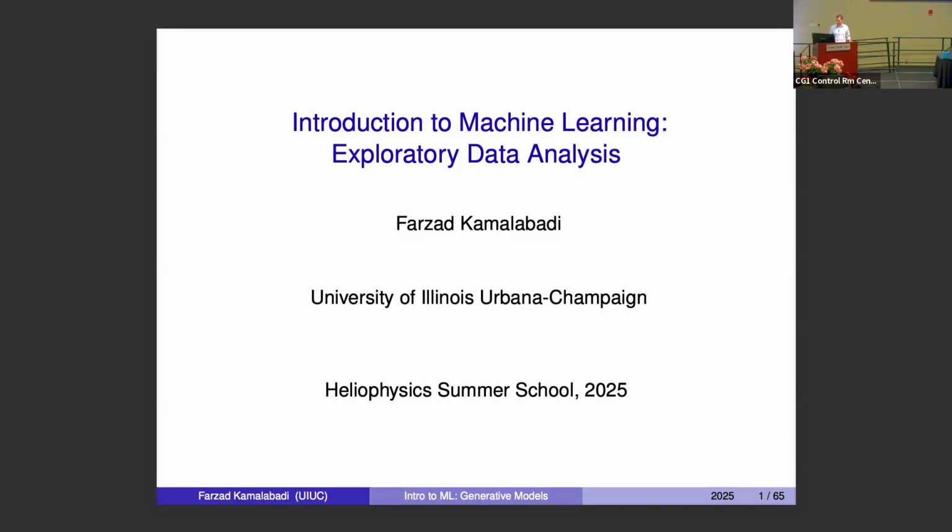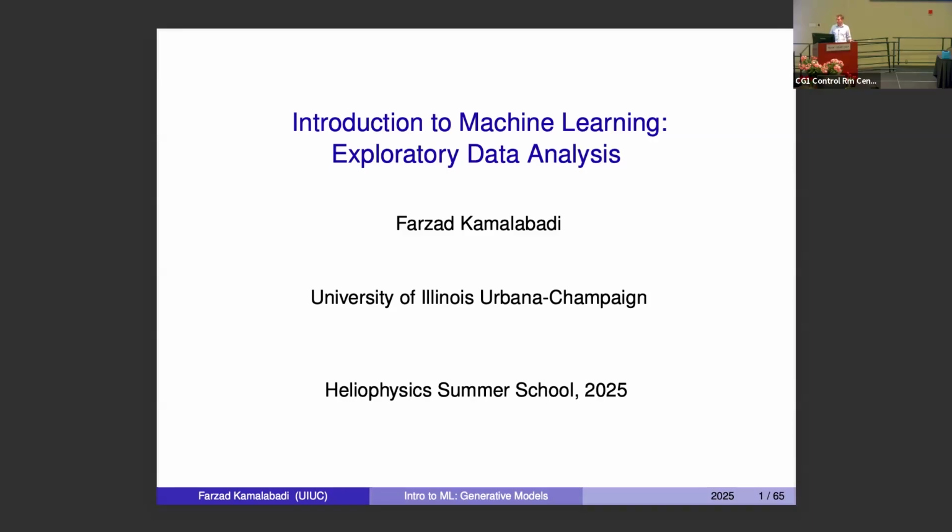So what I want to talk about today, we have organized it under what I refer to as exploratory data analysis. This term is not arbitrary. It's a term that was introduced in the statistics community in the 60s and 70s, primarily by, I would say, a distinguished and prolific statistician at Princeton, John Tukey, who came up with a lot of underlying ideas that later on made their way into other disciplines, including what we today refer to as machine learning.